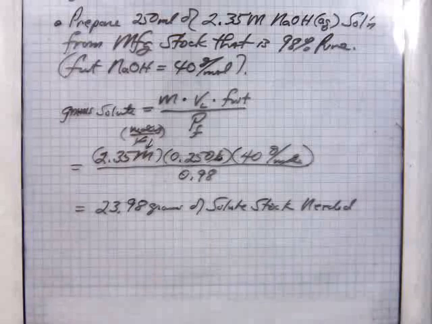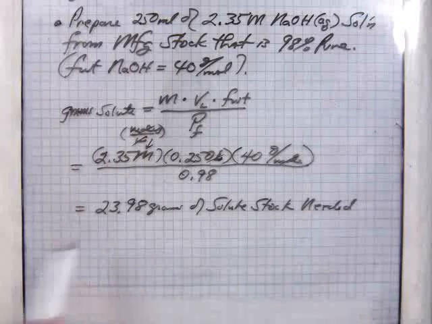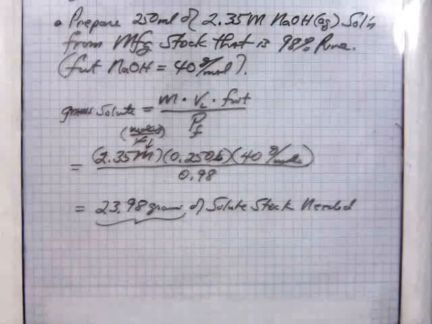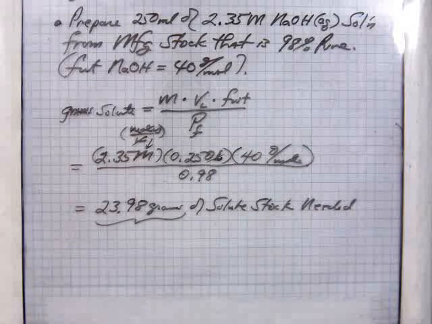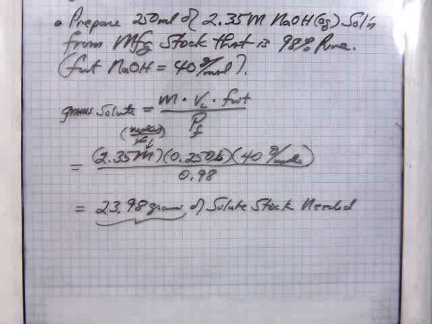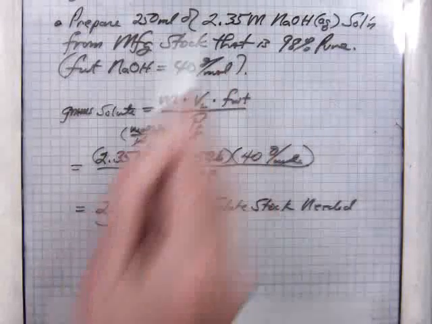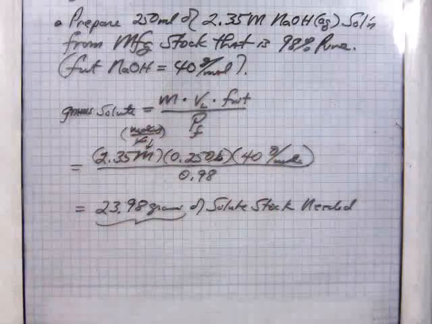Now the issue is, this is the theoretical amount needed, but for you to measure out this much, well, you could stay there all day to get 23.98 grams. Trust me, no matter how hard you try, the nature of things will not give you exactly the 2.35 molar sample.